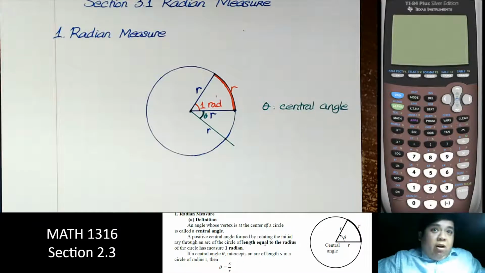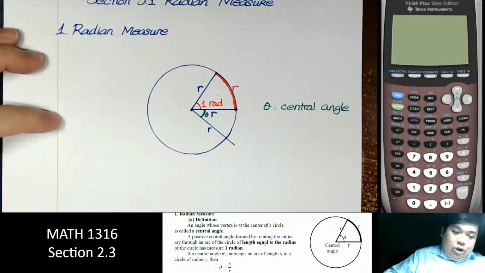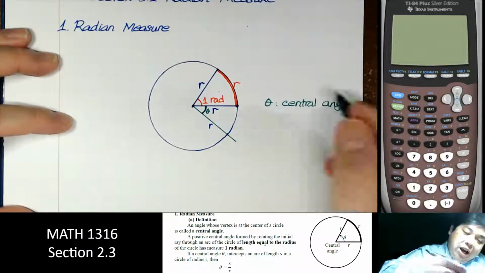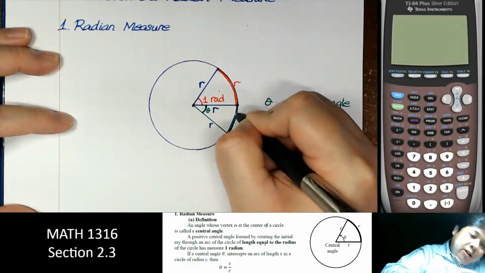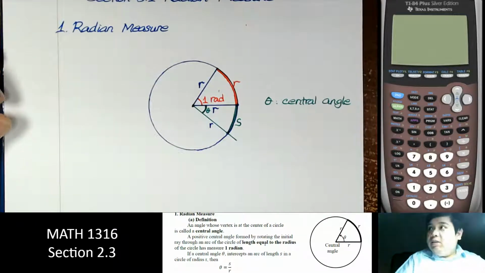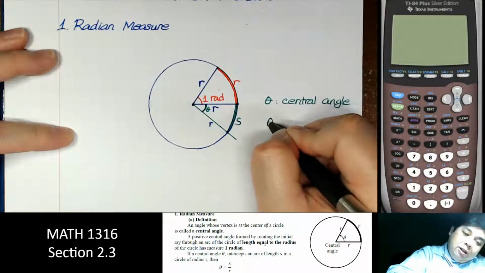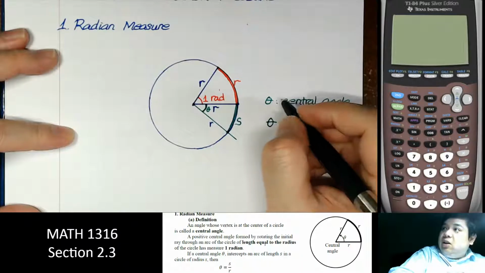That's the way we define it, and later on we will find out that it's about 57 degrees. We'll do that in a minute. But in general, if we have the central angle and the arc length is s, then the central angle is given by theta equals lowercase s divided by r.